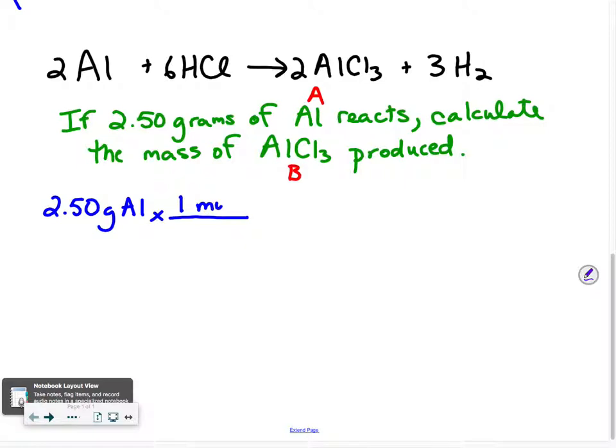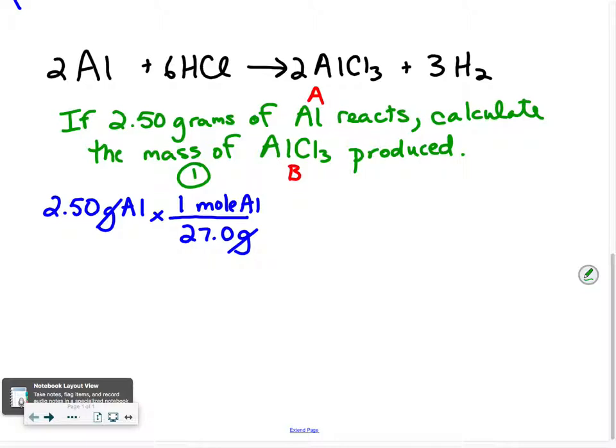So 1 mole Al over its molar mass, it's 27. Okay, so that's step 1. And you can break this apart and calculate each step separately, but I'm going to show you how to just put it all in one line.